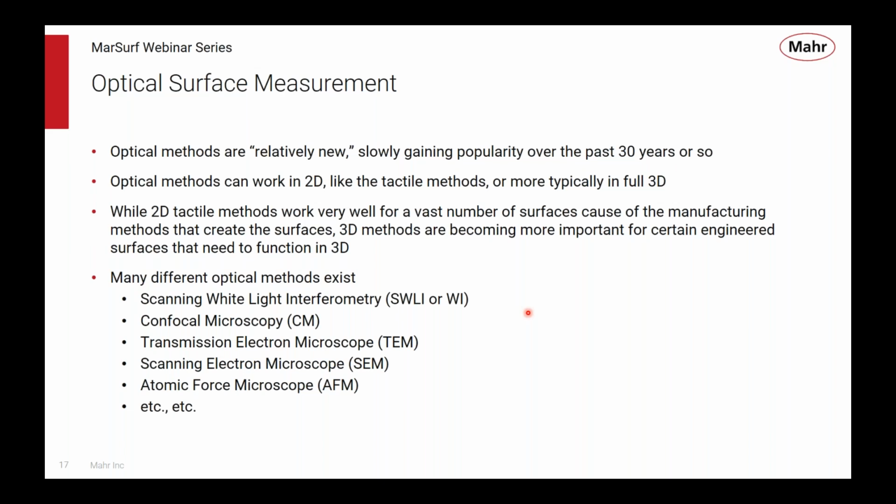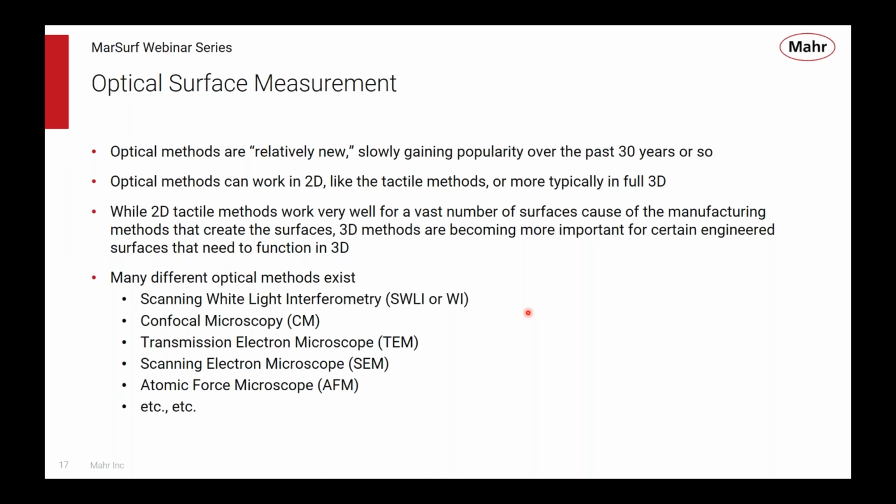I've been doing this kind of surface measurement for about 30 years, and 30 years ago, people thought optical was going to totally replace tactile within the next 5 to 10 years. Well, it hasn't, and there are some reasons for that, but I think the momentum has picked up in recent years and will continue to pick up, and we're going to see a lot more usage of optical surface measurement in the next 5 years than we did in the last 5 years.